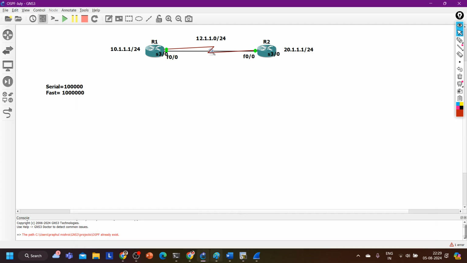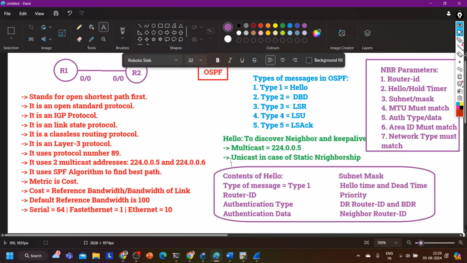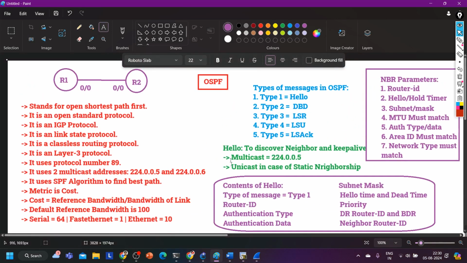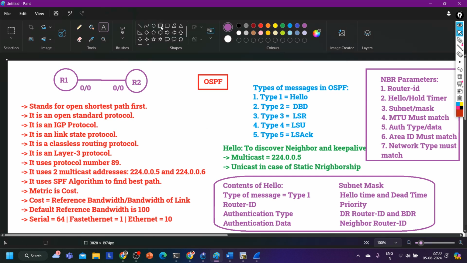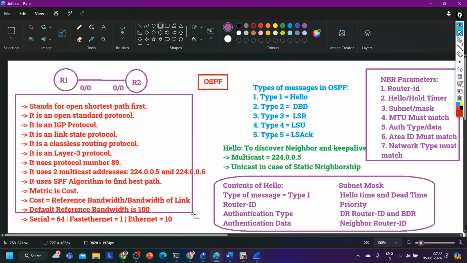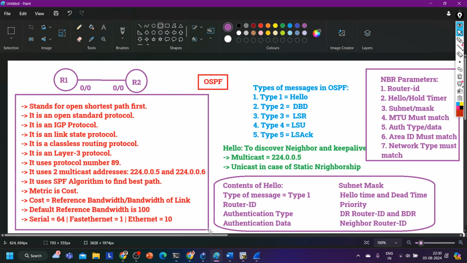Today we have covered many basic things. Let me revise. First of all, the syllabus of OSPF, then the scenario where we are going to use OSPF in a real-time network, and after that some basic concepts, right? We have also seen the difference between distance vector and link state. These are, guys, basic points about the OSPF routing protocol, like which multicast addresses OSPF is using, default reference bandwidth, cost, what cost means, metric, it is a layer 3 protocol, and a classless routing protocol.